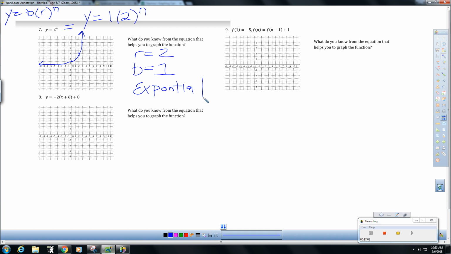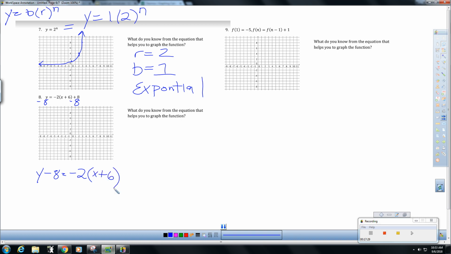All right. I don't like number 8. So I'm going to make it look one of 2 different ways. What if I subtracted 8 from both sides? You would have y minus 8 equals negative 2 times x plus 6.